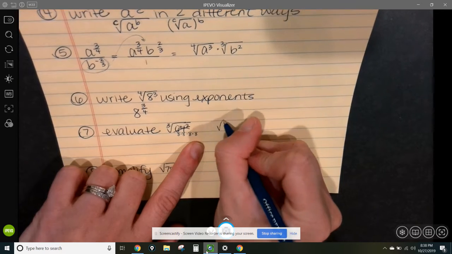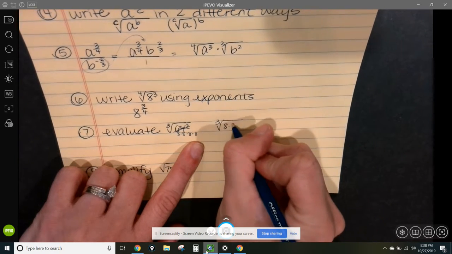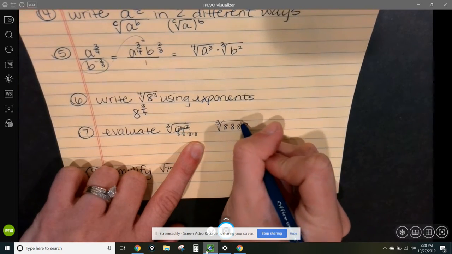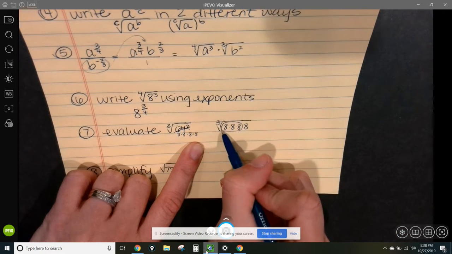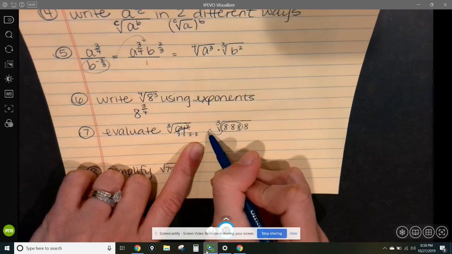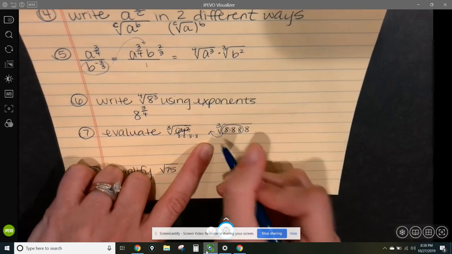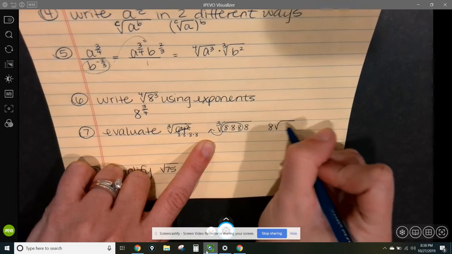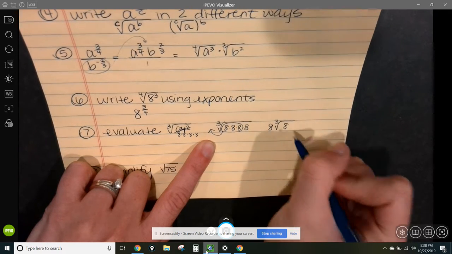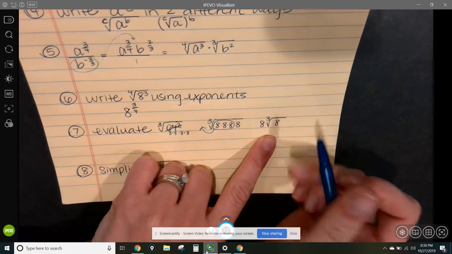So right now I'm at the cube root of 8 times 8 times 8 times 8. For a cube root, I would need to find 3 things multiplied by itself for those to come out of the cube root. So rewriting this whole thing, I would have 8 that came out, and then the cube root of 8. I can keep simplifying this.